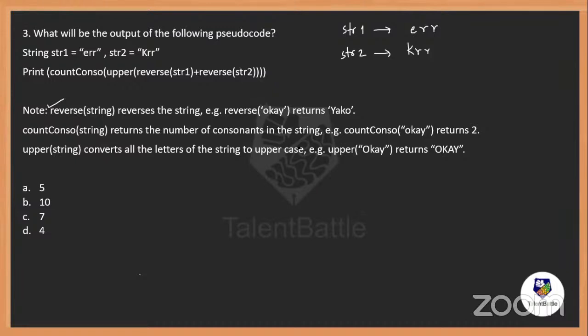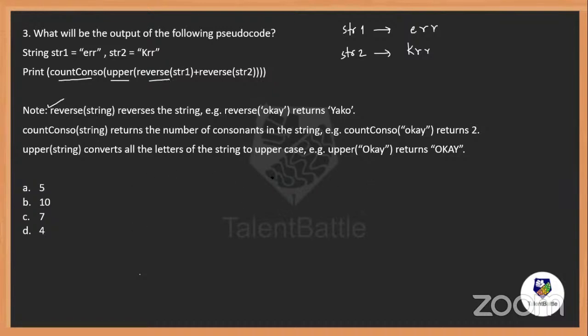And the upper function will convert all the letters of the string to uppercase. All these three functions are utilized here: count conso, then upper, and then reverse. Whatever input they have provided to us, on the basis of that we will apply these functions and finalize the answer. And finally, we have to count the consonants from the finalized string.